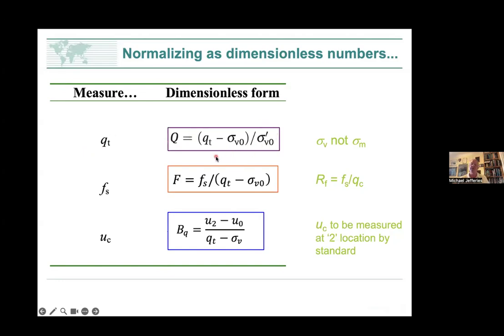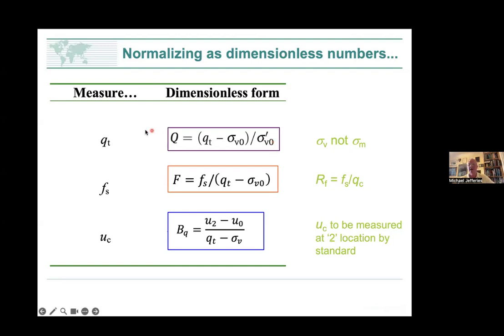So what we do is we take our tip resistance, we remove what amounts to the buoyancy effect from confining stress, and then we normalize it by the vertical effective stress at that depth. In theory we should actually be using the mean effective stress, but because K0 is such a difficult challenge for us, the convention is we use sigma v there, and the naught subscript means that's the vertical effective stress prior to the CPT going into the ground.